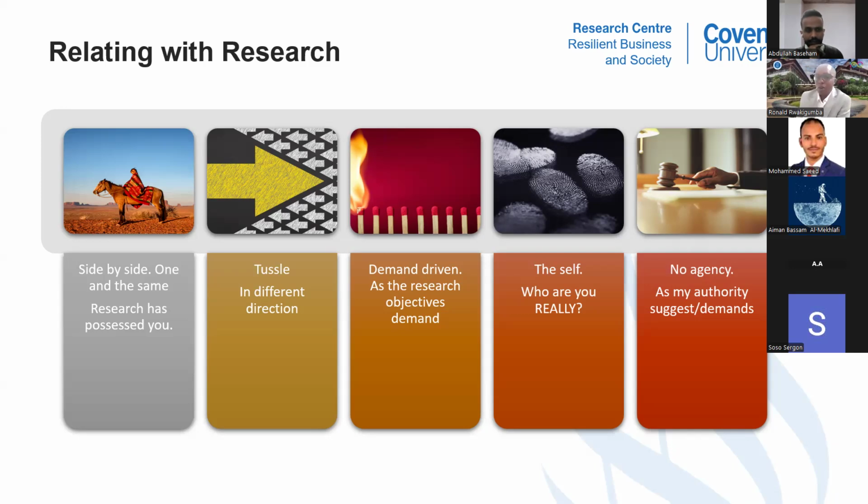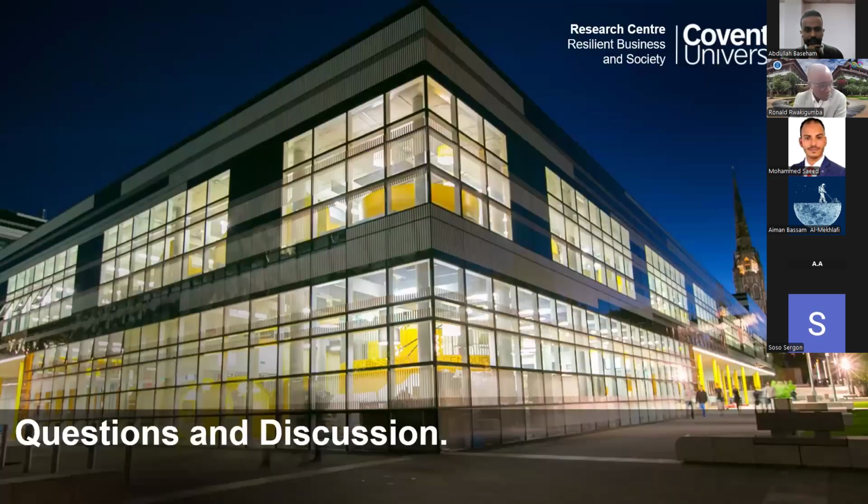So I call it the no agency. You don't have so much of a say in which direction. And sometimes there is no one box. Sometimes your supervisory team will indirectly lead you into a certain approach and then later realize, okay, maybe there's resistance in this approach regarding your research design, and maybe you need to go into a demand-driven approach or something like that. So this was the last slide before we go to the discussions and questions.